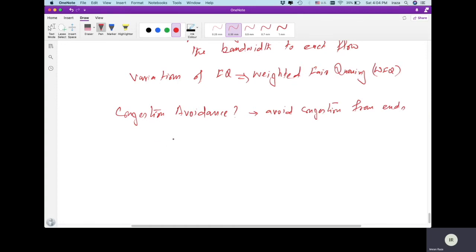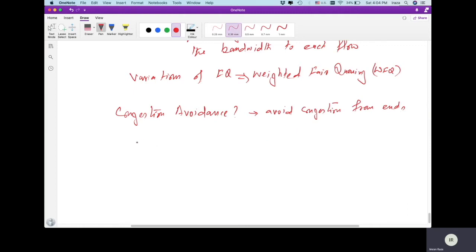We have seen this in TCP's congestion control mechanism, that after reaching the slow start threshold, we start incrementing the congestion window size additively in order to avoid congestion.